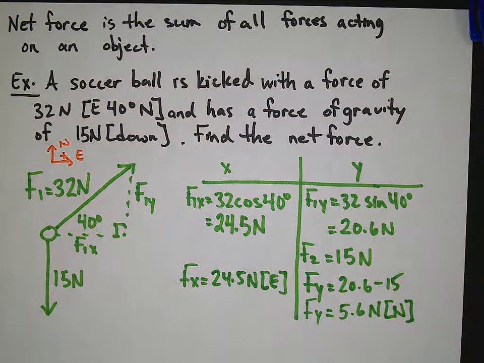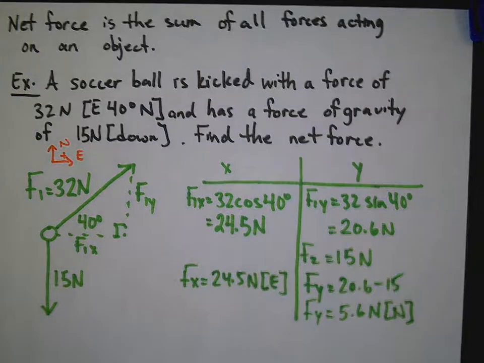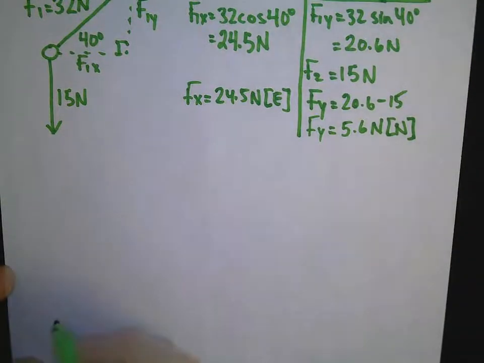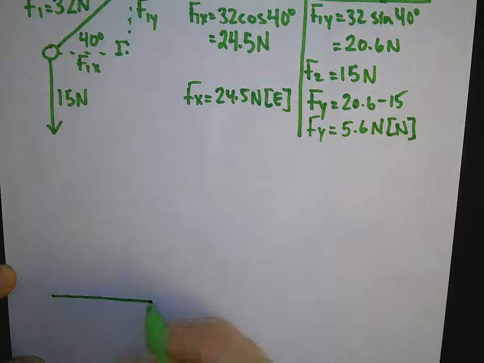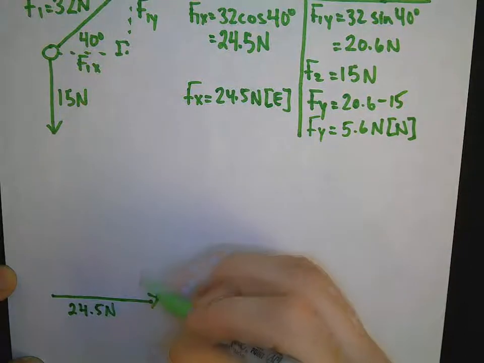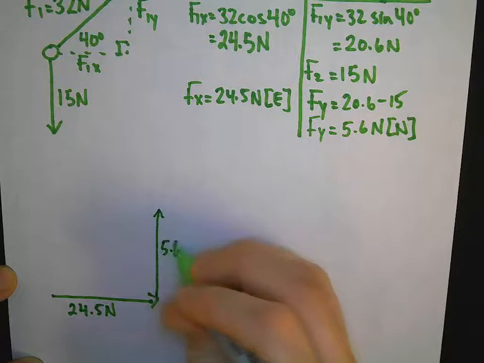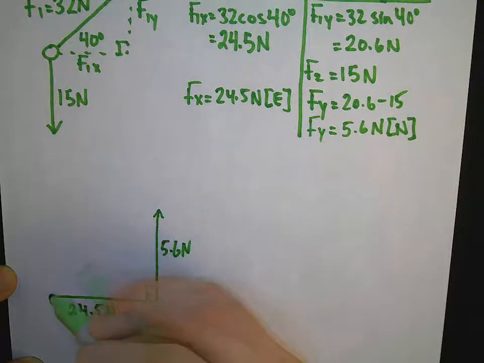Which is quite handy for us in this case, because I can break these components into x and y, and I now see Fx, tail to tip for my vectors, 24.5 newtons. Fy is 5.6 newtons, and this makes a right-angled triangle.